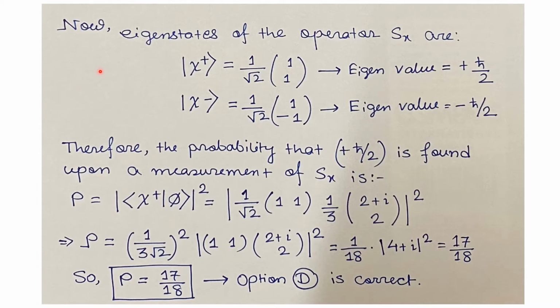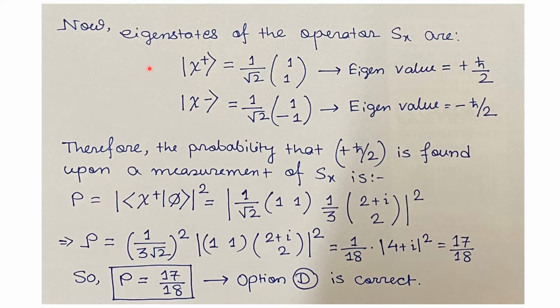We have already seen that each spin operator has two eigenstates with eigenvalues plus ħ/2 and minus ħ/2. According to our question, the final state is the eigenstate of the Sx operator with eigenvalue plus ħ/2. So from now we will deal with the eigenstates of the Sx operator.